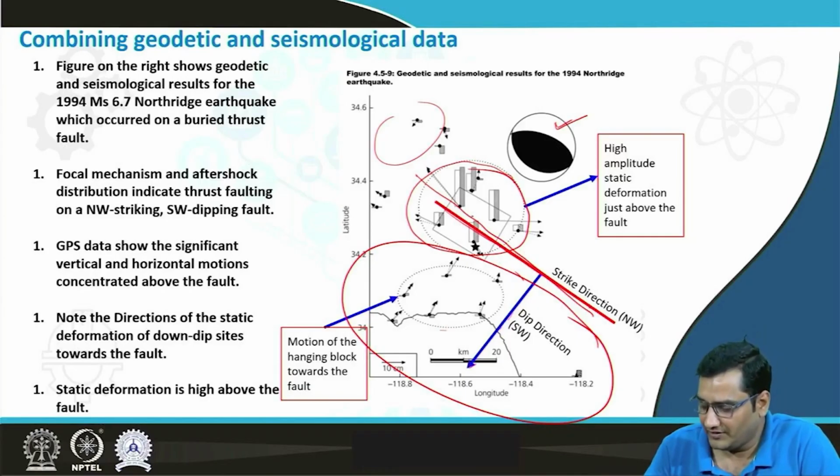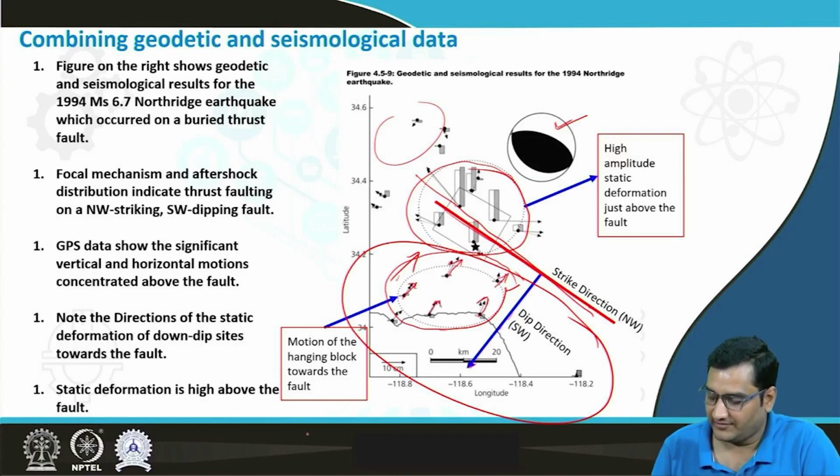That means it is moving in this direction, right? So if you look at the direction provided by the GPS, the directions are also in this particular direction, and this is what we were expecting from our modeling results.